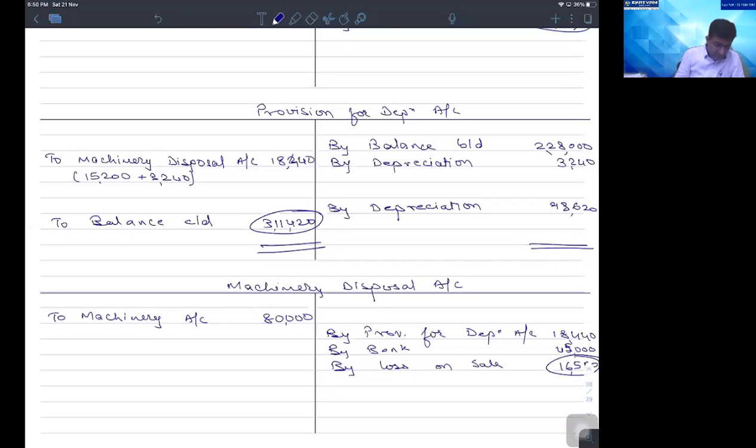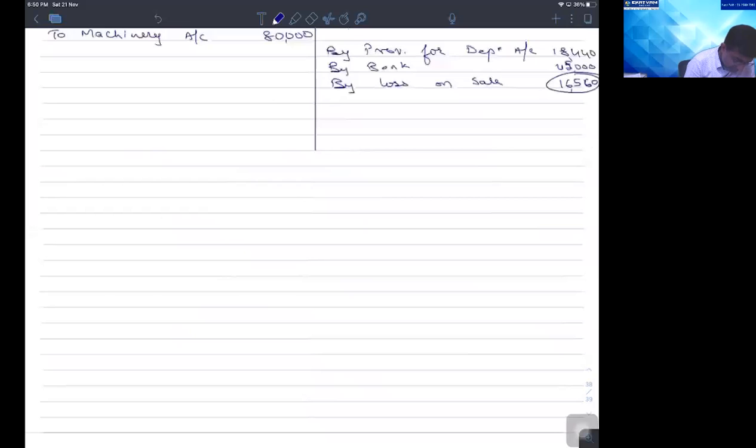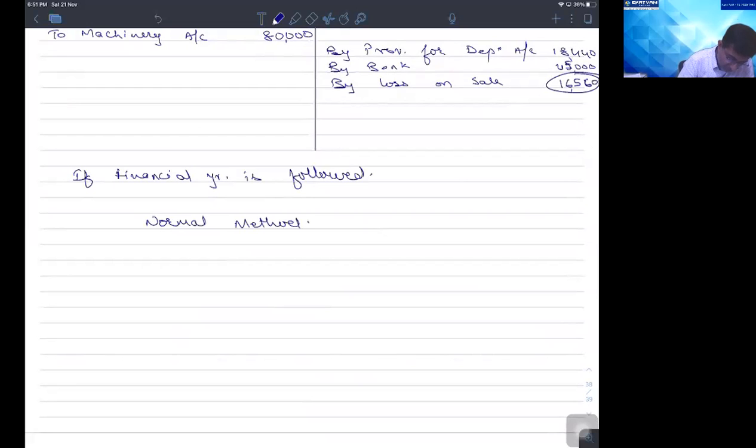So as on 31st March 2014, if financial year is followed, then normal method, machinery account closing balance as on 31st March 2014.